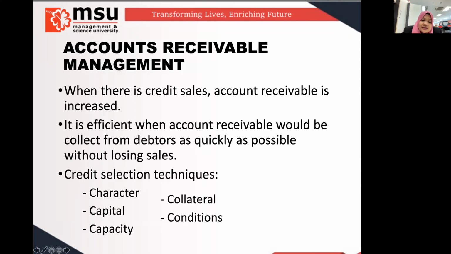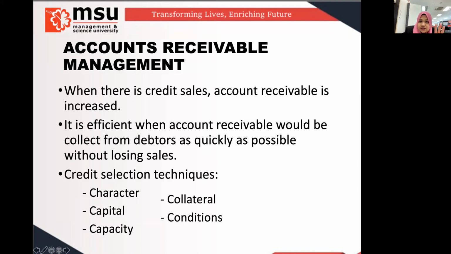And then collateral. Specifically, we will look into the assets that can be used as collateral. Assets that can be used as collateral are land, gold, and buildings.